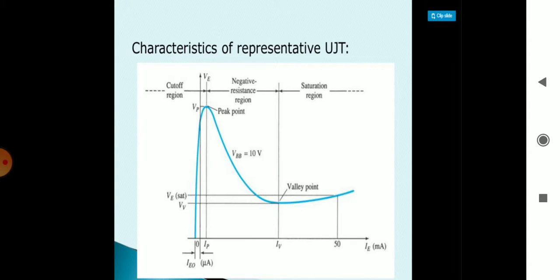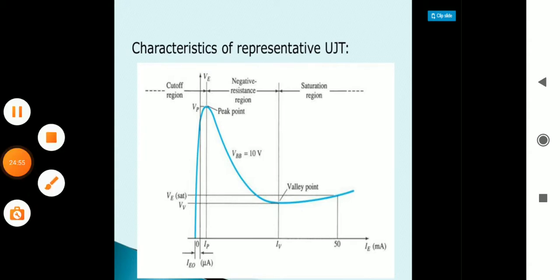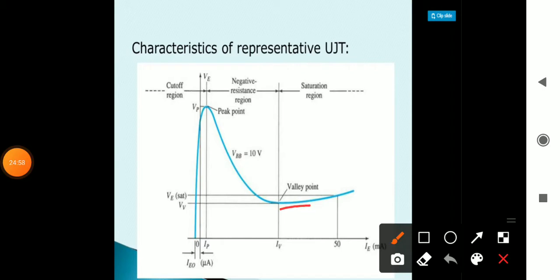If I further keep on increasing, it will reach the saturation point. Current will increase rapidly, it's like an on condition. We call it the saturation region: the increase in IE after the valley point drives the device into the saturation region and it behaves like a conventional forward biased PN junction.